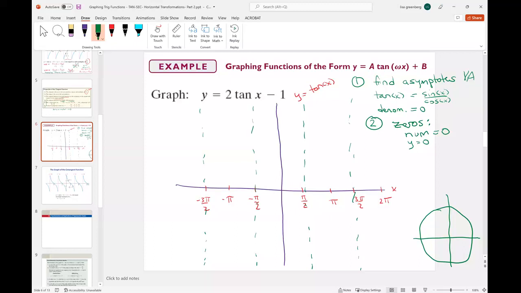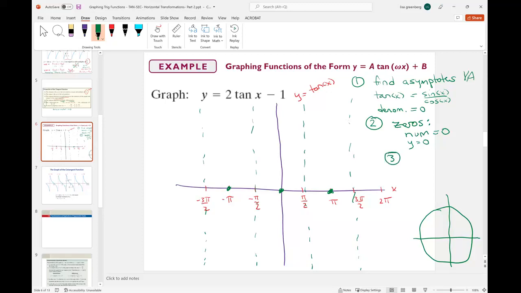So where does the sine of x equal 0? Pi, negative pi. Don't forget 0. That's a very important one. Then I have to graph 2 more points, one on either side of that x-intercept.